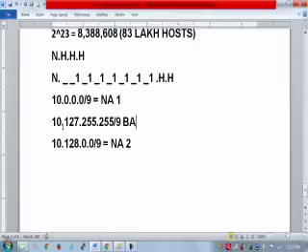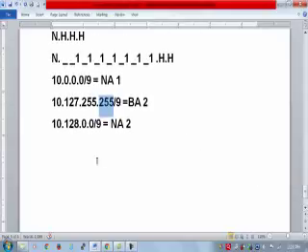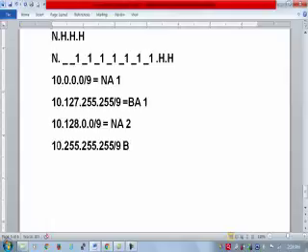Remember always that when here I have 128.0.0, the previous number before 0 will be 255. So this is my broadcast address 1, and my broadcast address 2 will become 10.255.255.255/9.